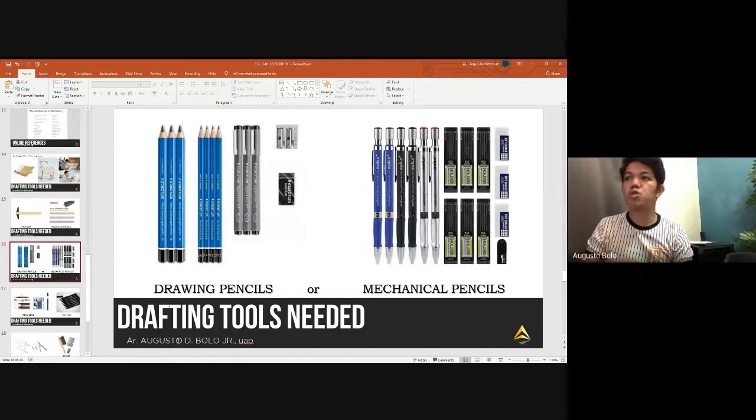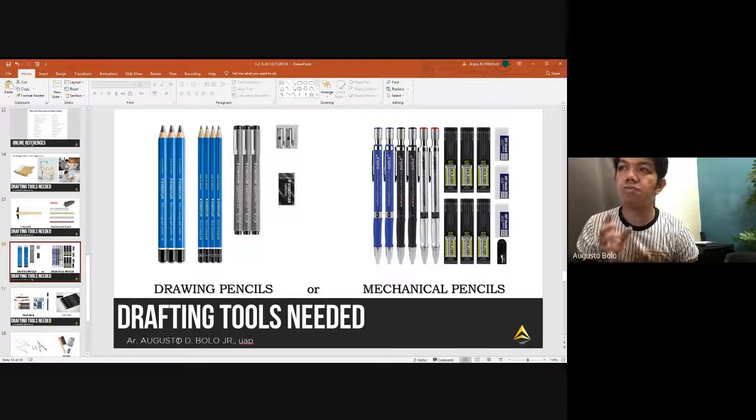Alright, let's proceed with, of course, the famous one, you know this one already, drawing pencils or mechanical pencil. Why 'or'? Because it's not recommended to have both. Pero kung meron na, okay lang, so be it. Kung wala naman and kung nagtitipid ka, you can use either way. Kung drawing pencil, with a Staedtler, although hindi lang Staedtler, madami din brands.